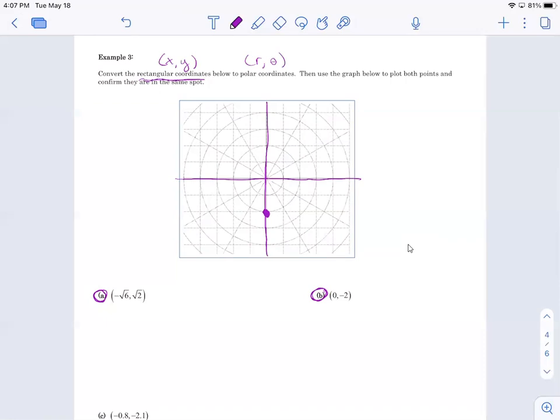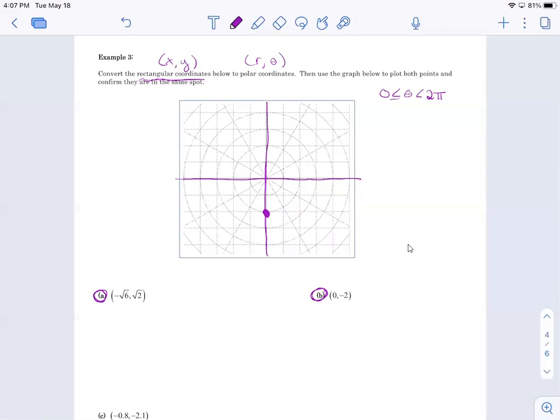This one's kind of nice because I don't really have to do the work because, well, I know my angle, right? Typically, just so you know, we do go between 0 and 2 pi. But you can represent it in another way if you'd like. And that's the other really nice thing about these polar coordinates.